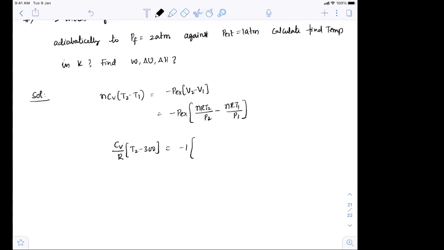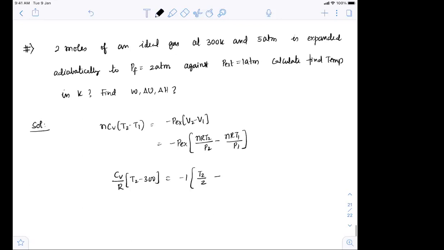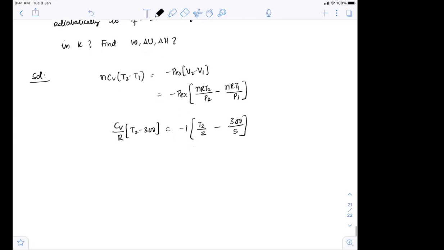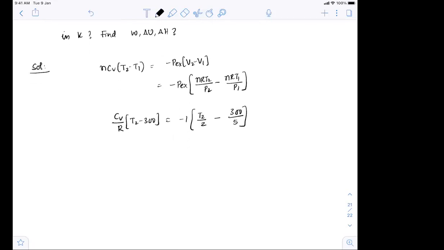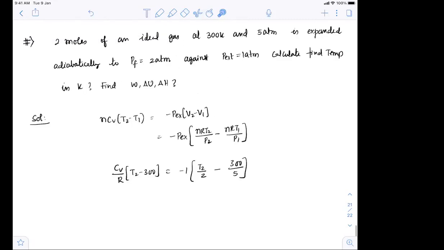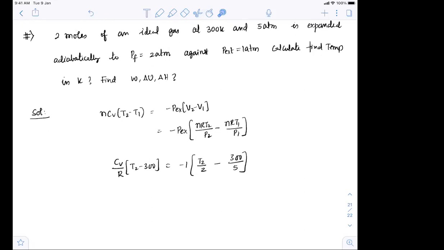If you bring n and R outside, everything gets cancelled, and I get CV by R on the left-hand side into (T2 minus 300) is equal to minus P external, which is given as 1, into (T2 by final pressure 2 minus 300 by initial pressure 5 atm). From here, CV by R I can write in terms of gamma. The 2 moles of ideal gas are given, but n is anyway getting cancelled.